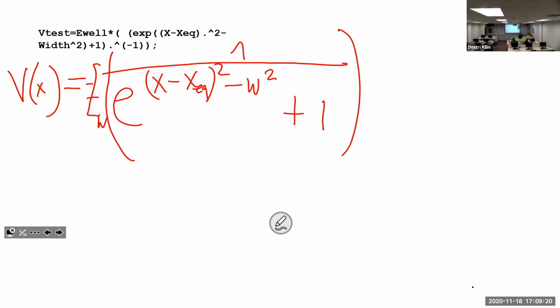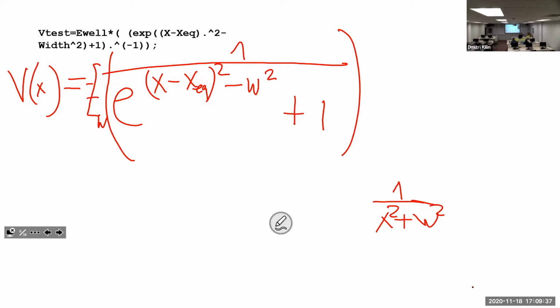So this is just an example. One can tailor it numerically or by using some other functions, like for example, 1 divided by x squared plus w.